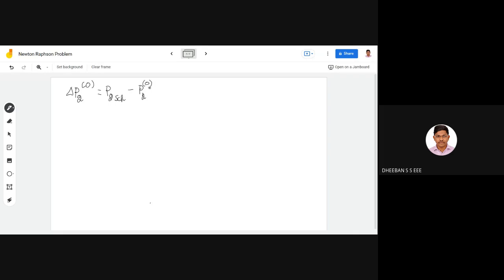So this is with respect to your zeroth iteration, and this is with respect to P2, and next for your P3 the same thing, P3 schedule minus P3 not. So this corresponds to a calculated value. Okay, so after this del Q2 will be equal to Q2 schedule minus Q2 calculated.